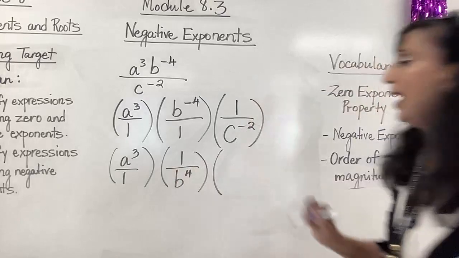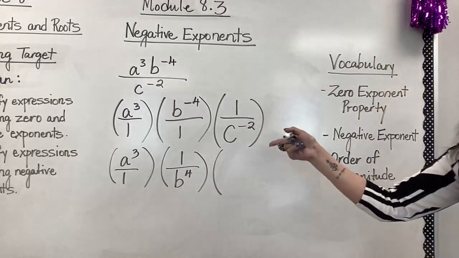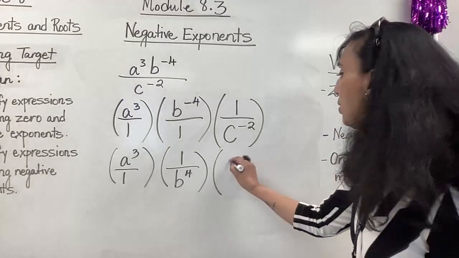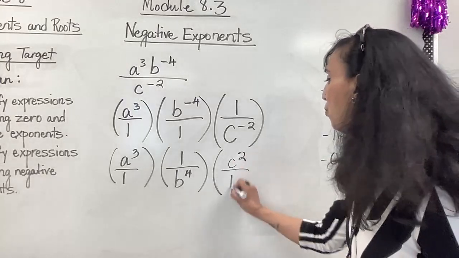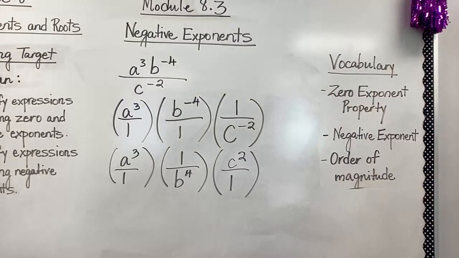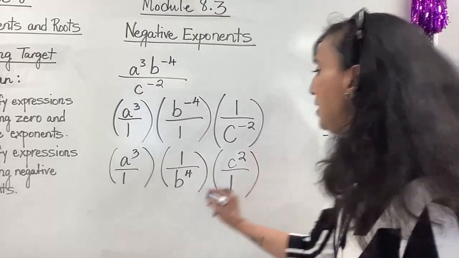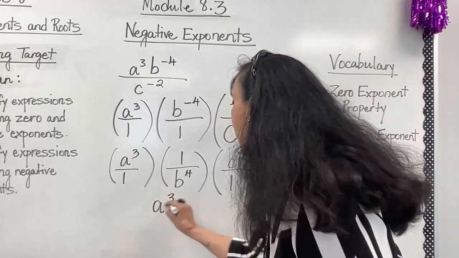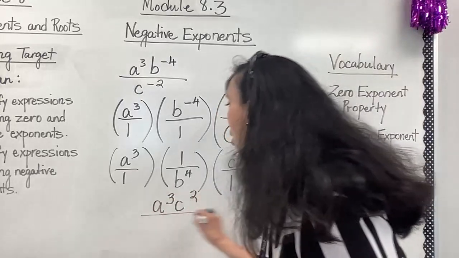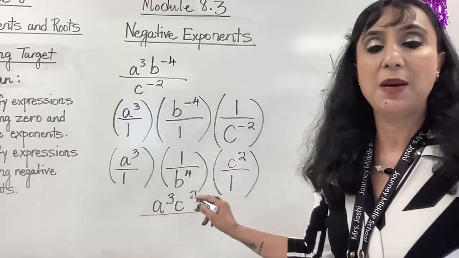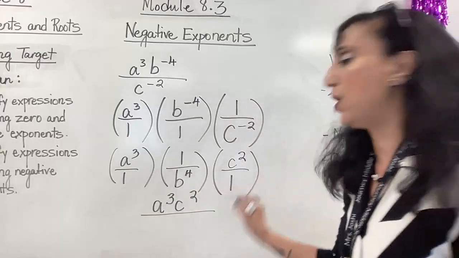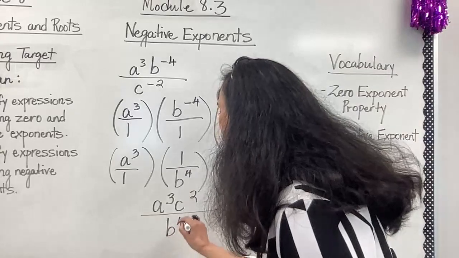And then in this case again, this is going to become the reciprocal. So c squared over 1. All right, and then once I have that, I'm just going to multiply. A cubed times 1 times c squared gives me a cubed c squared over 1 times b raised to the 4th power times 1 over b raised to the 4th power.